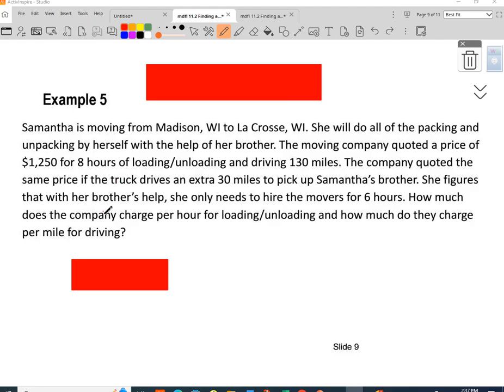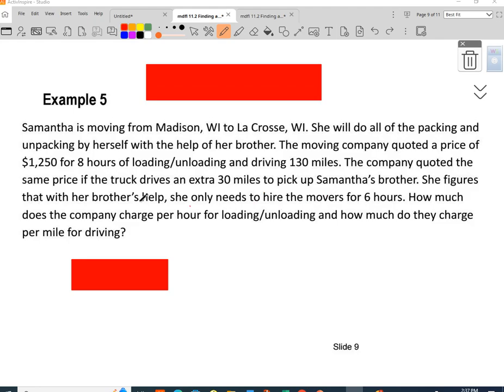Samantha's moving from Madison, Wisconsin to La Crosse, Wisconsin. She will do all the packing and unpacking by herself. The moving company quoted a price of $1,250 for 8 hours of loading and unloading and driving 130 miles. The company quoted the same price if the truck drives an extra 30 miles to pick up Samantha's brother.